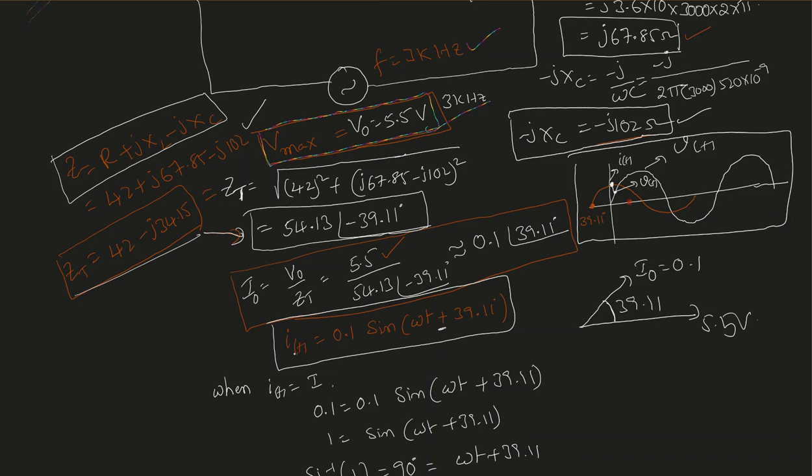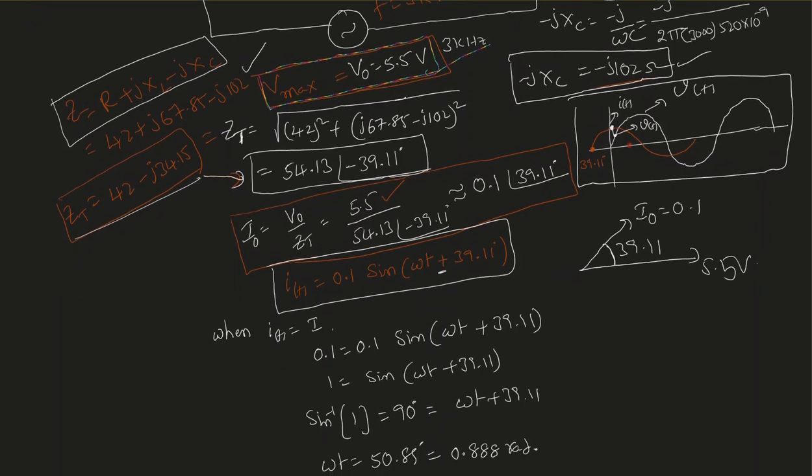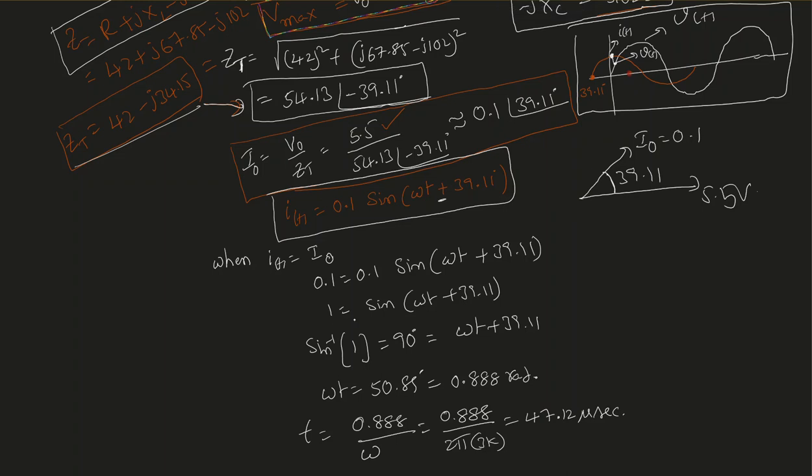So I of t equals 0.1 sine omega t plus 39.11 degrees. Now I substitute I of t equal to I max, which is I naught. So 0.1 equals 0.1 sine omega t plus 39.11. The 0.1 cancels out, and you end up with 1 equals sine omega t plus 39.11.